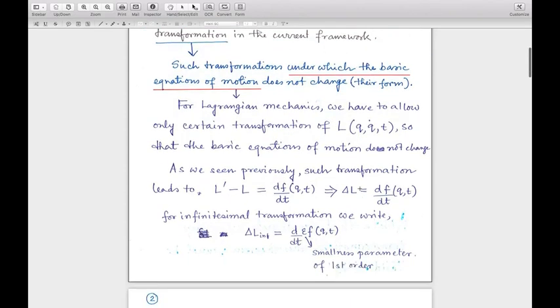Now we know that under any arbitrary additive transformation or additive shifts, the Lagrangian does not always give the same equations of motion.